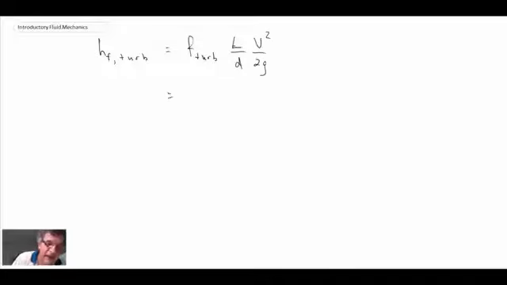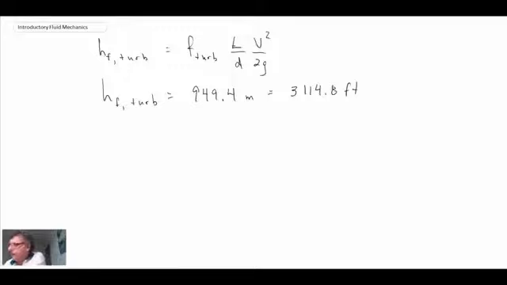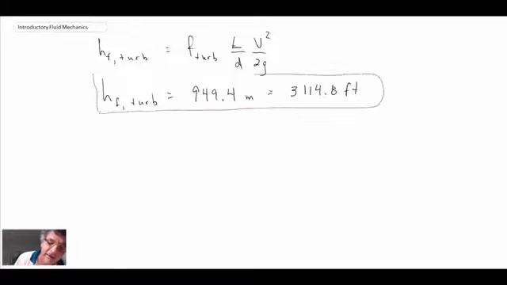And when we plug in the numbers here, and then convert it to feet because that's what we were asked to do for the question, there is one part of the answer. We were told to compute the head loss in feet and the pressure drop in PSI. So this would give us the first half of the answer.